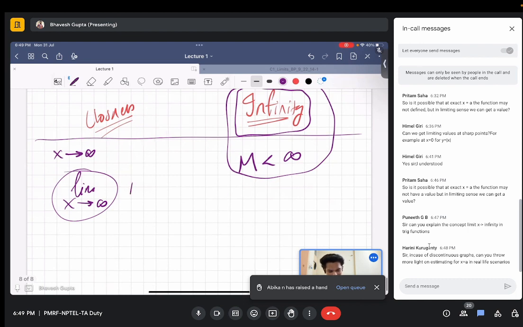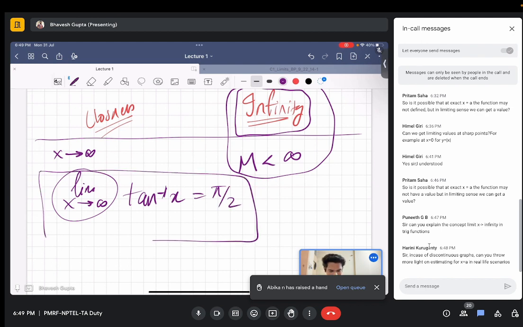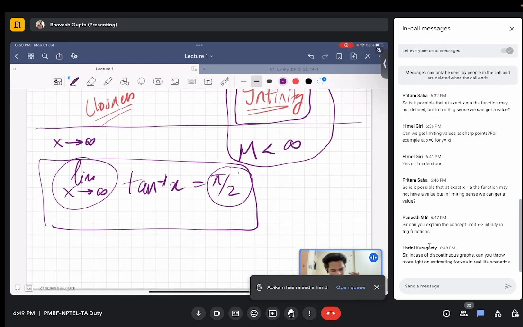For example, take tan inverse of x, and if you take x tends to infinity, this value comes out to be pi by 2. I hope everybody understands what an inverse function is. The reason I take the inverse function is that I want this value to be some finite value.